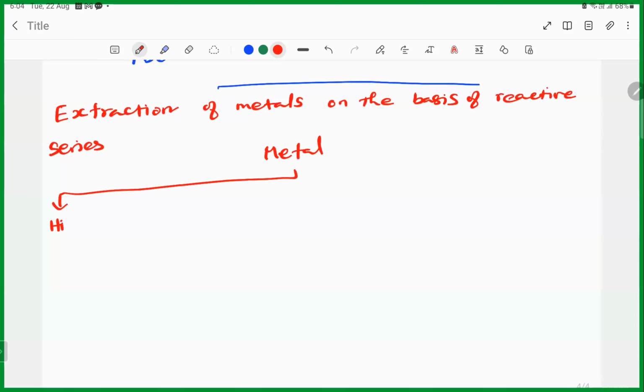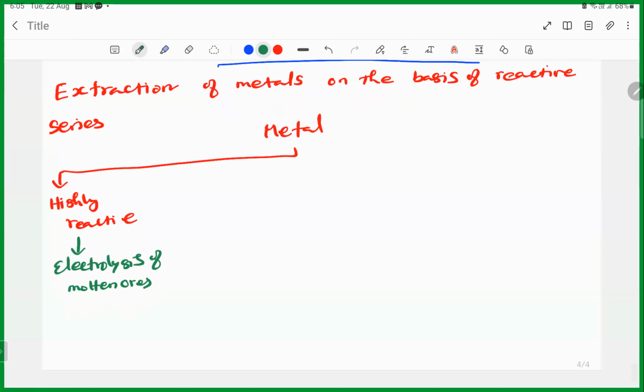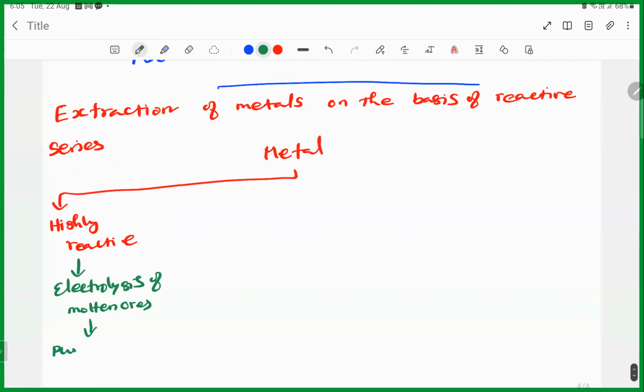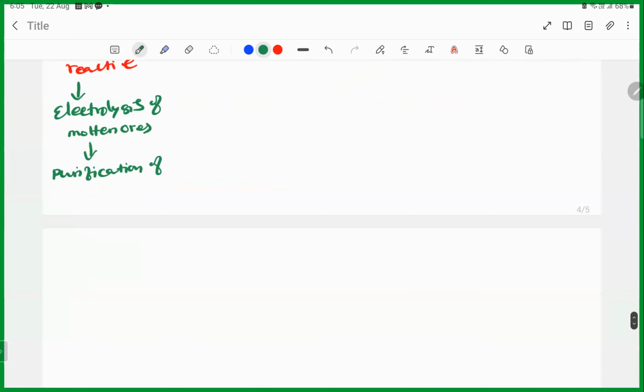Highly reactive metals, which can be separated by using electrolysis of molten ores, and then purification of metal, and then pure metal.